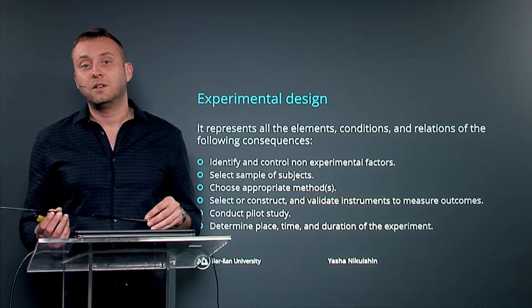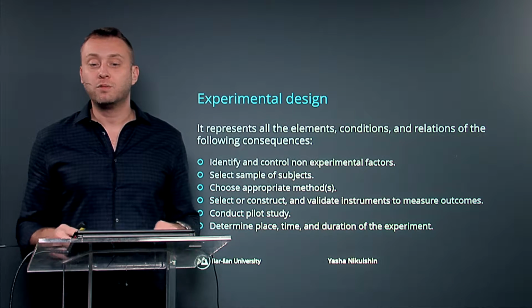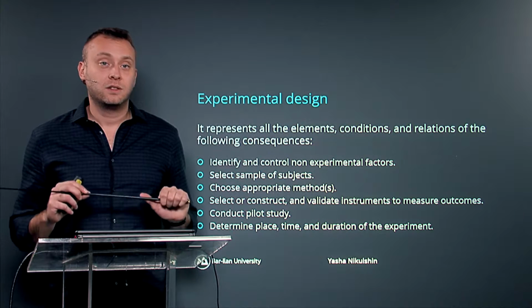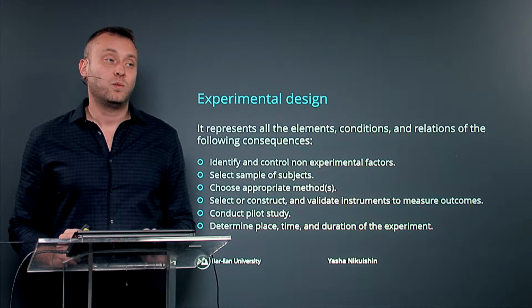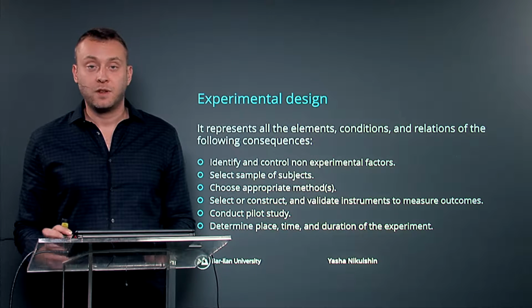Then, the researcher must select, construct, and validate an instrument to measure outcomes. In experimental science, many instruments and technologies are used. The proper choice of those is a crucial part of the experiment.